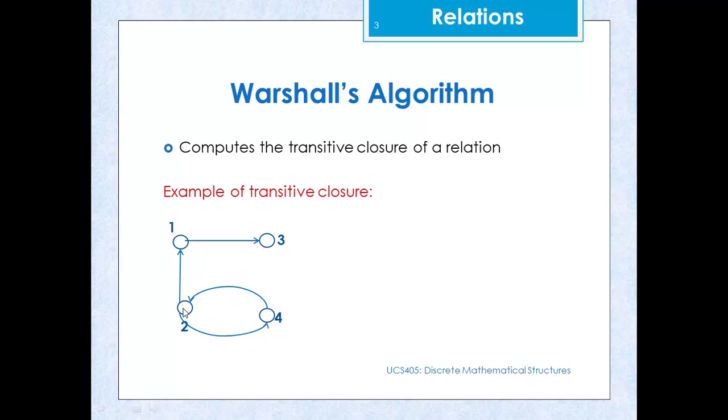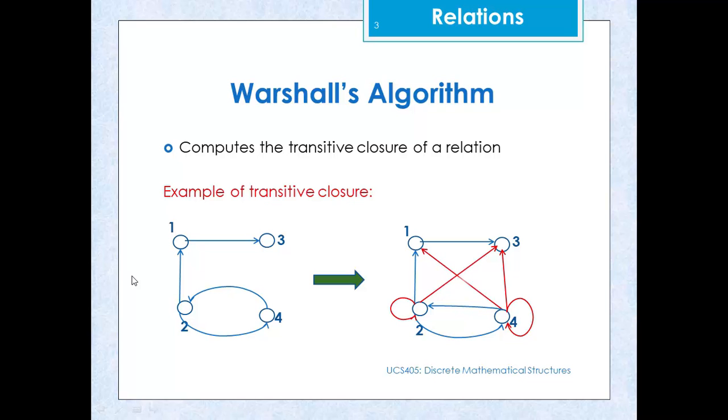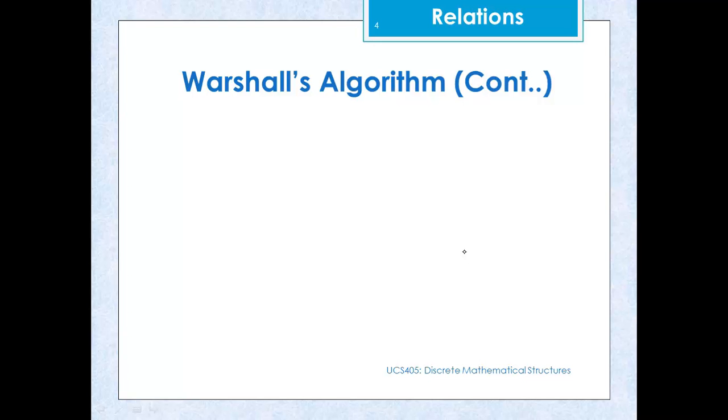Similarly, if we have ordered pairs (2, 1) and (1, 3), then the ordered pair (2, 3) should also be there. So this is its transitive closure, where the edges marked in red are the newly added edges to complete it as a transitive closure. Now we will see the main concept behind Warshall's algorithm.